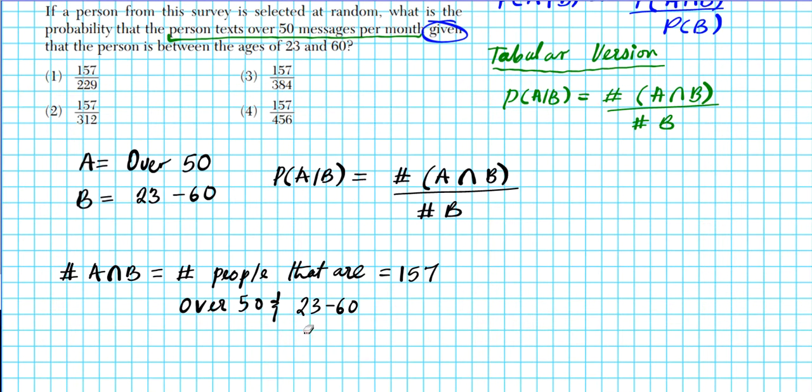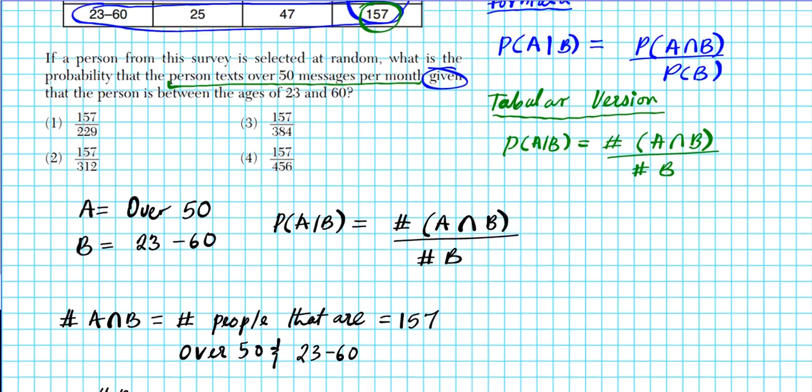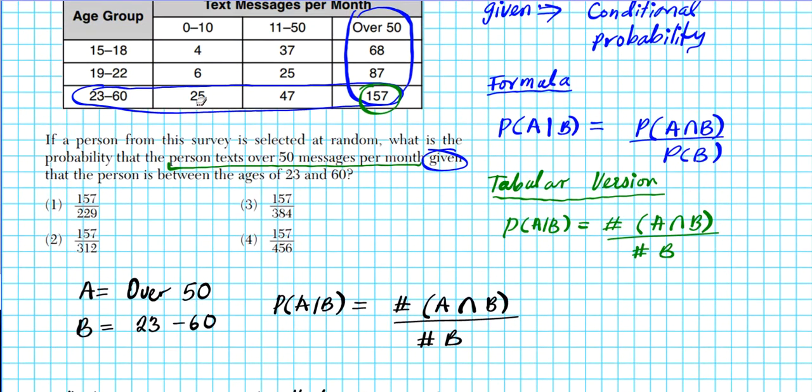And then the number in B. To get the number of B, all we'll simply do is add up all the numbers in the B row. So just add this one, add, and add, and find out what the sum is.